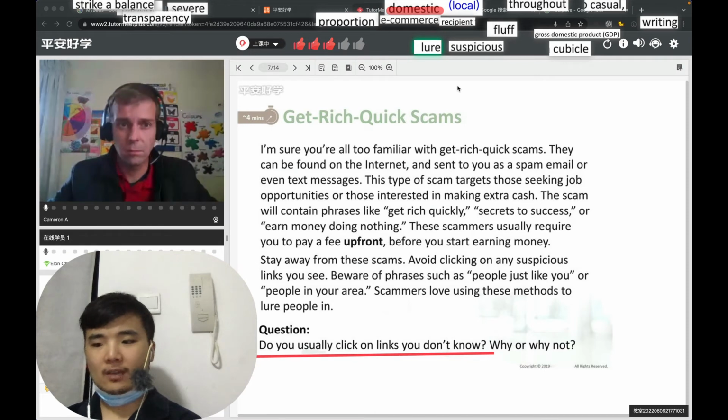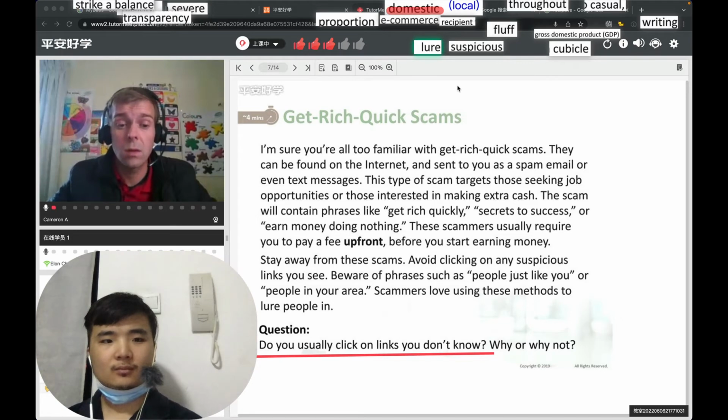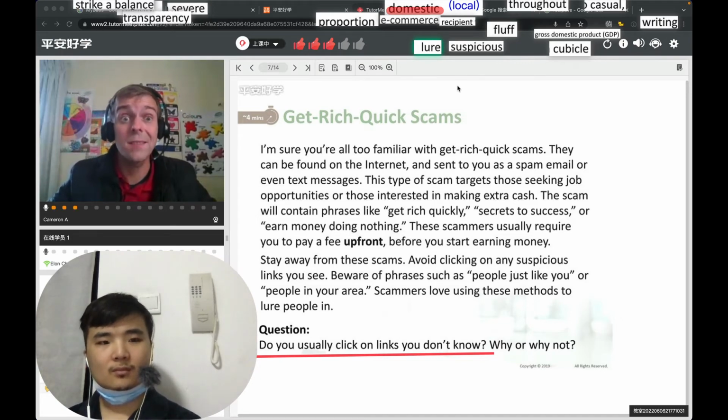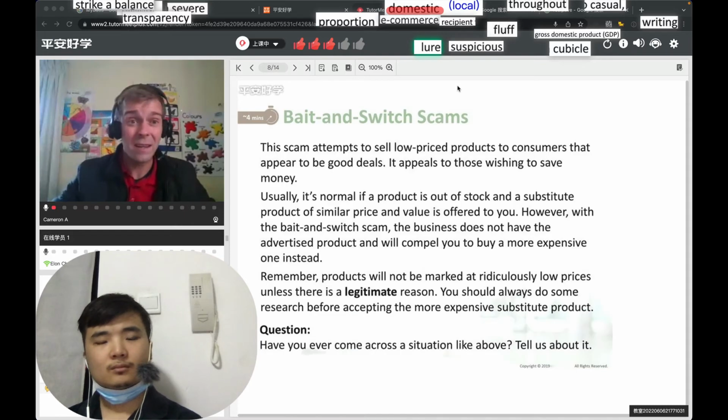But if it is from strangers, I will avoid clicking on them. Good. Yes, definitely. Very, very dangerous to click on links from strangers. You can get viruses or who knows what can happen. Very dangerous. Definitely. Thanks, Elon.